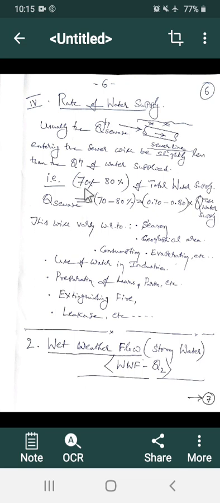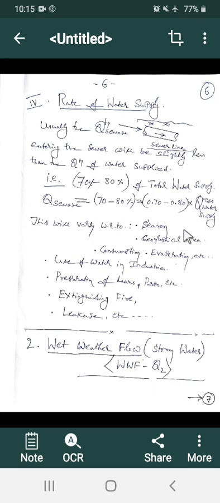Okay, now usually 70 to 80% of total water supply will be considered. Therefore Q of sewage is equal to 70 to 80%, which means 0.7 to 0.8 times the quantity of total water supply.